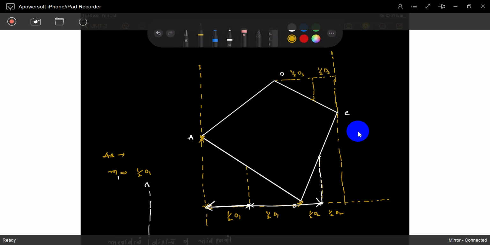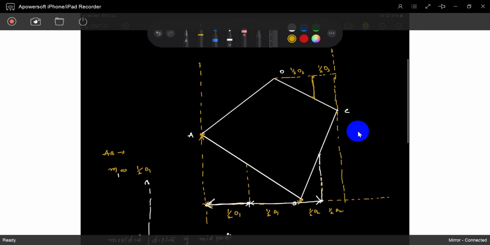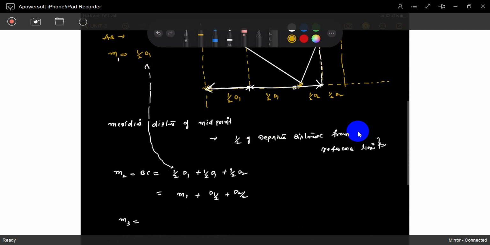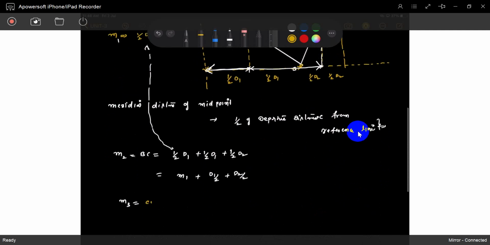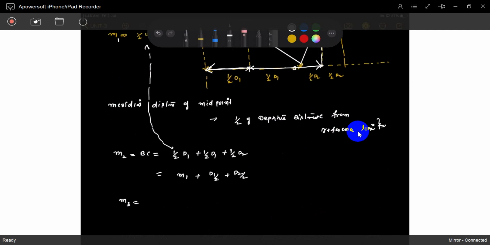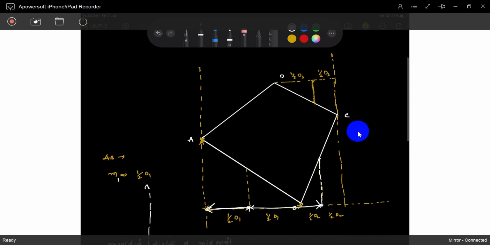Okay, that's it. Now for the CD line, it's very simple. No problem. So the CD line.